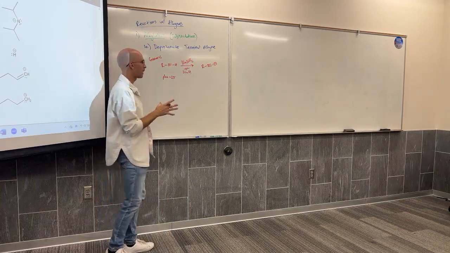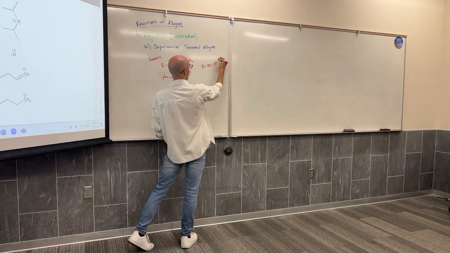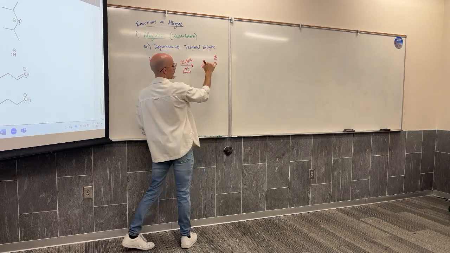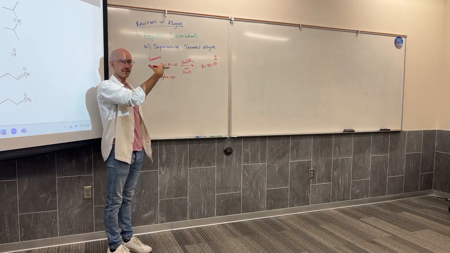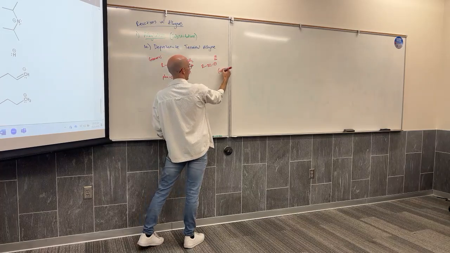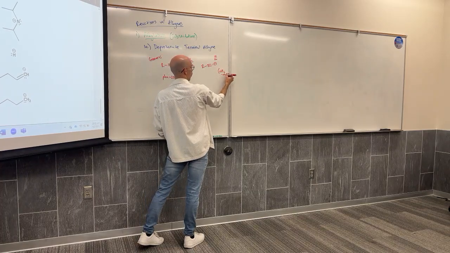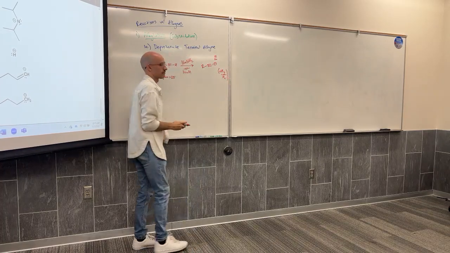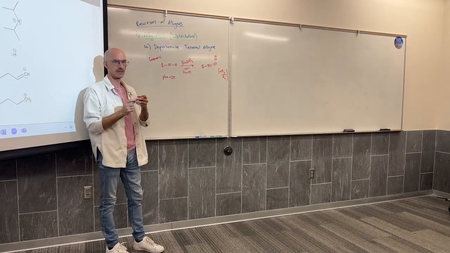We get a couple of byproducts, which is, of course, a sodium ion that balances this carbanion, and we get ammonia or hydrogen as the conjugate acid.